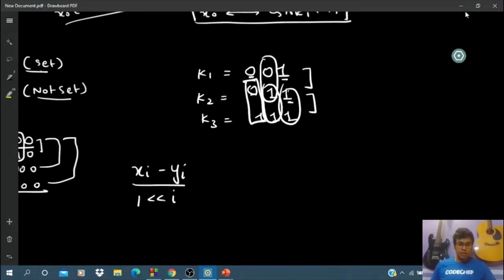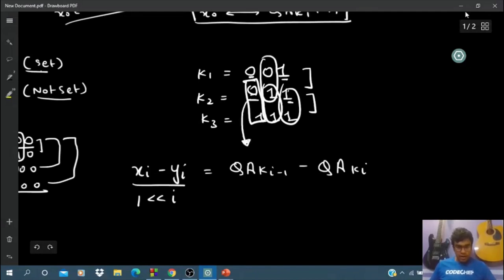So this value will be nothing but qa of k of i minus 1 minus qa of k of i, because the 0th bit is not set in k of i minus 1, and this will be the sole contributor of the ones on that bit's place, on the zeros of that bit place.